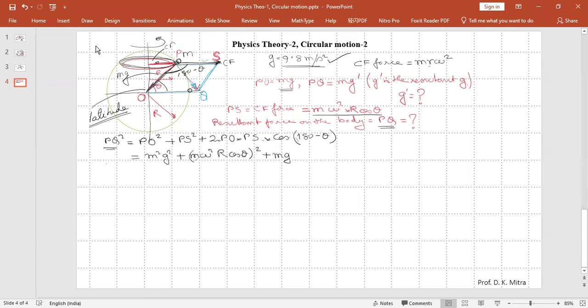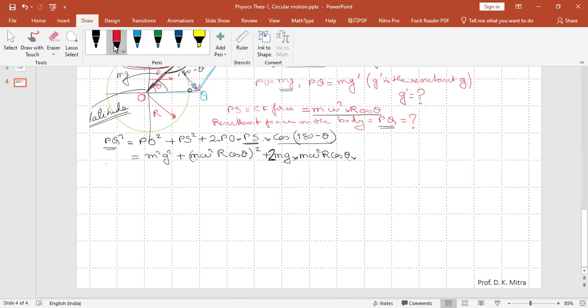And this 2 I have forgot to write. So let us put 2 here. 2 mg multiplied by PS is m omega square r cos theta. PS itself has a term of theta. Then cos of 180 minus theta.